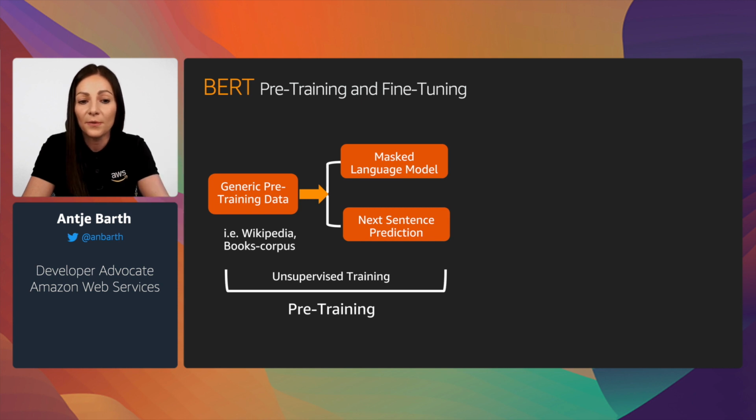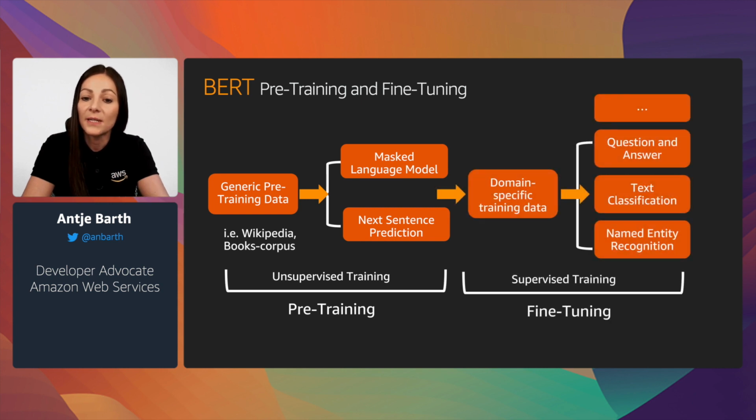So once we're through this pre-training phase, which can take a long time, we're then doing, in a supervised training step, the fine-tuning. And in the fine-tuning, we're taking a domain-specific training set to teach the model, let's say, to do text classification or question answering.